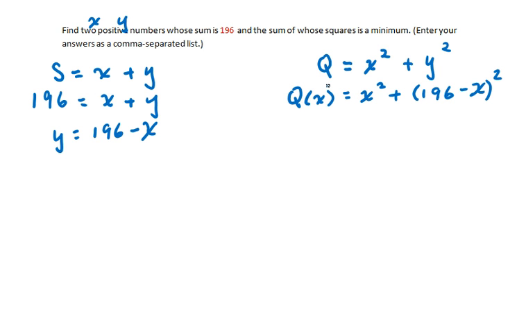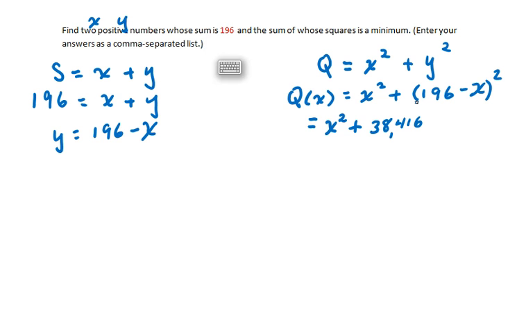A quadratic function has the shape of a parabola, so we will go ahead and try to find the vertex of the parabola. So let's expand the right-hand side by squaring the binomial. I've worked this out on the calculator, and it's 38,416.